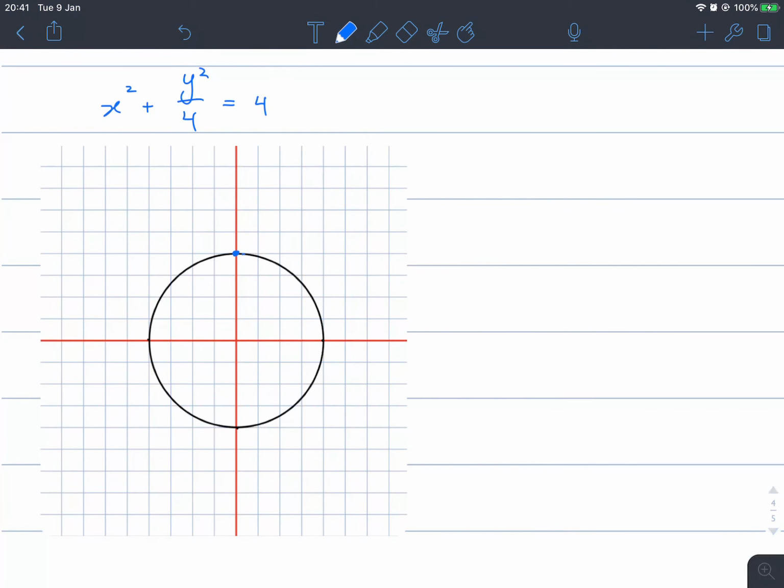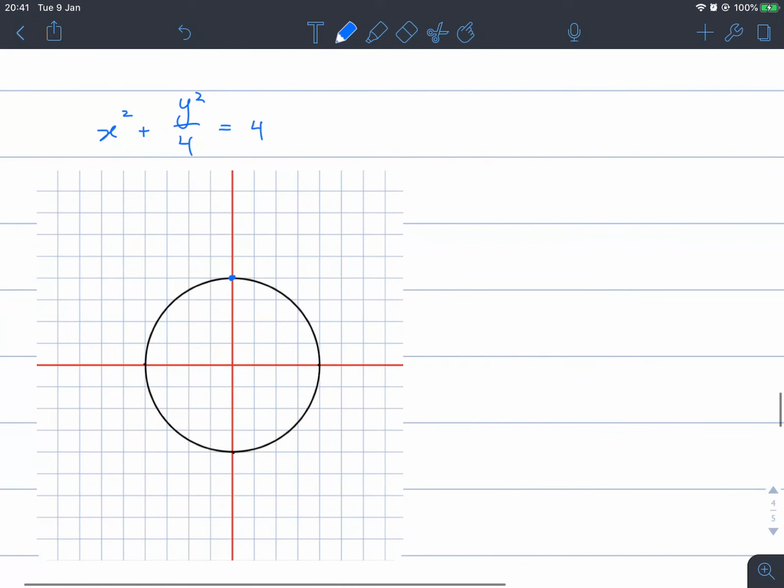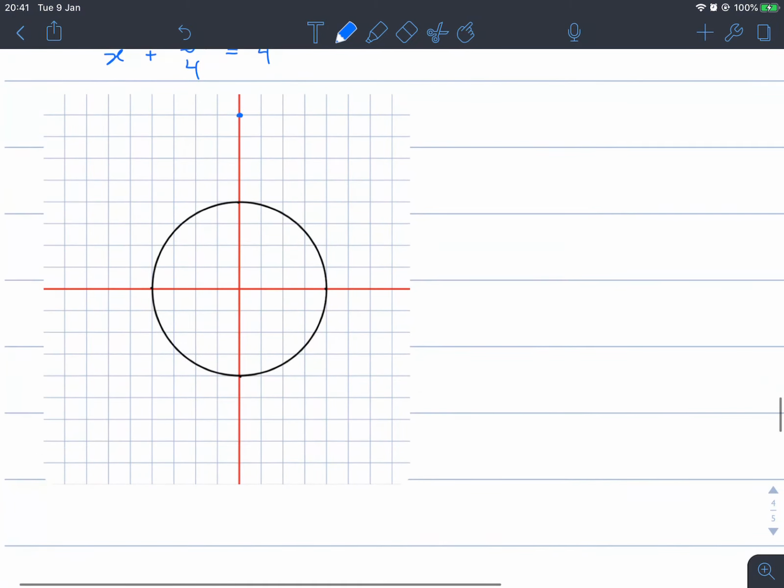If that is a distance of 2, it will now be a distance of 4 away. So it's 2, 3, 4. So the new point here is all the way up top. Similarly, this point here is a distance of 2, so it will now be a distance of 4. So that's 2, that's 3, and that's 4.